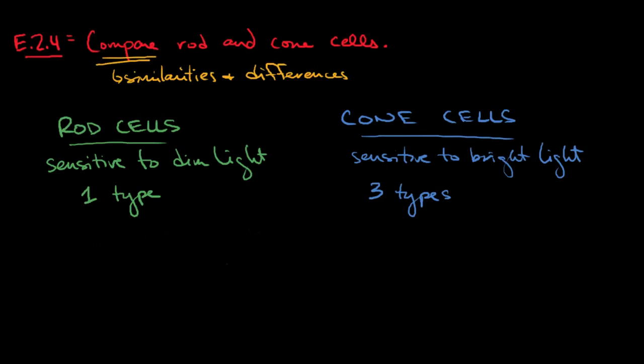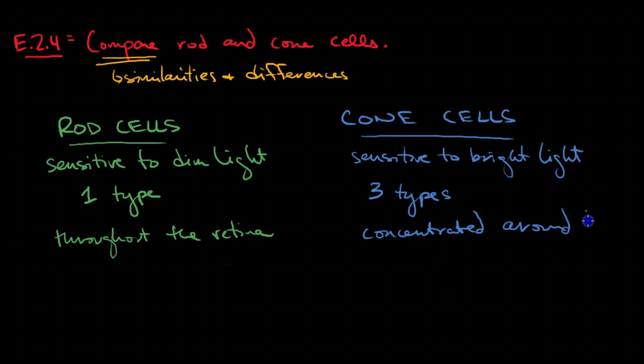The rod cells are throughout the retina, and the cone cells are concentrated around the fovea of the eye.